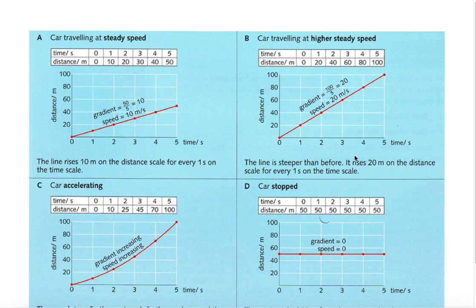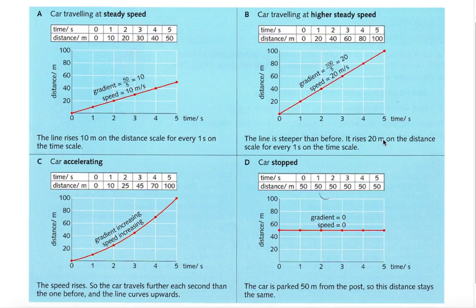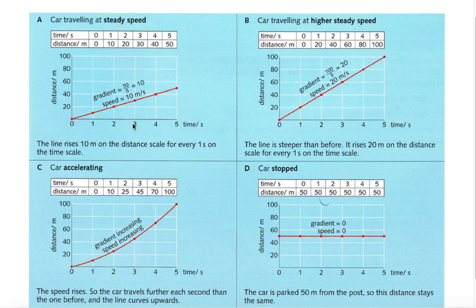So let us continue with more graphs. Here, as you see, distance is increasing constantly. The line rises 10 meter on the scale for every 1 second on the time scale. Here it means if we need to draw the speed time graph, it is steady speed.